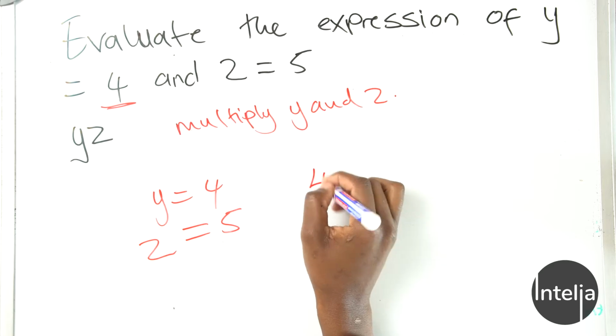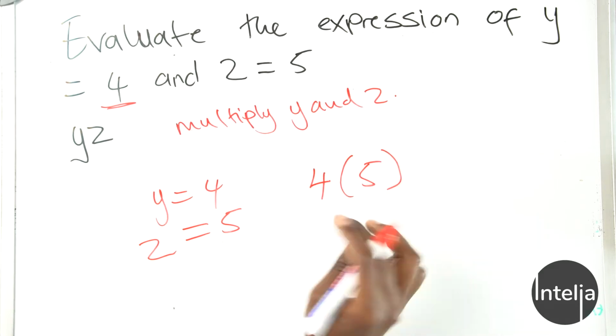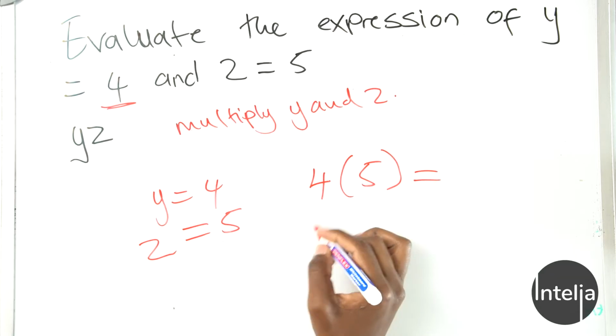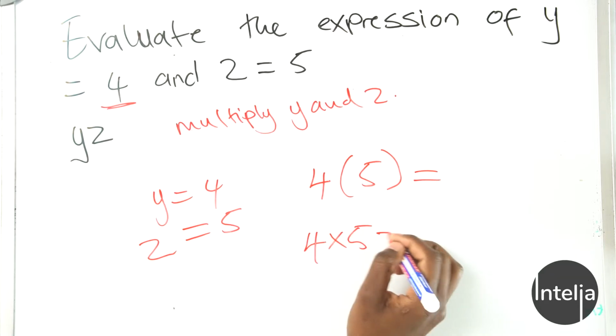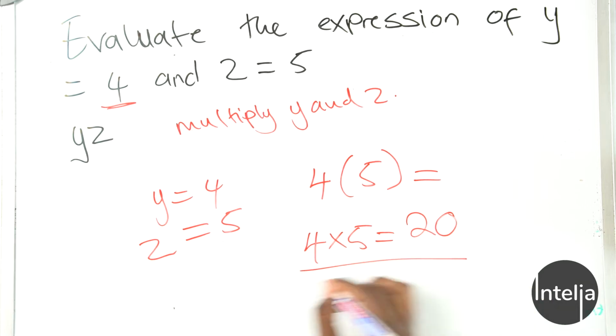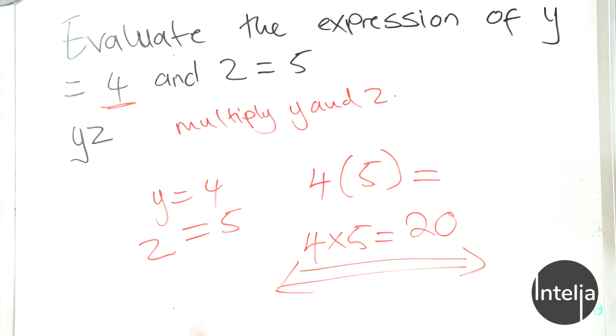So we say 4 times 5, in the bracket it simply means times, is equal to 20. So this is our answer. Yz is equal to 4 times 5, which is equal to 20.